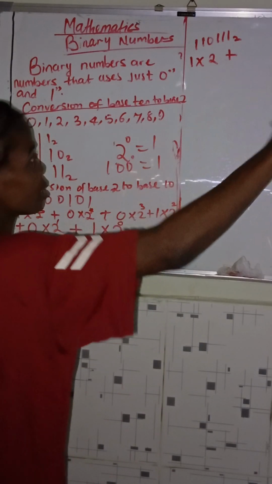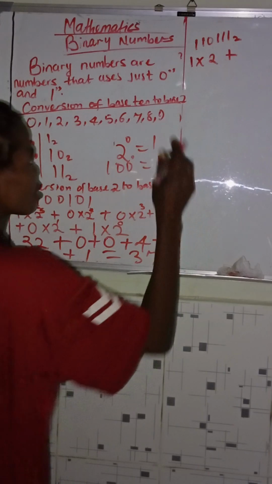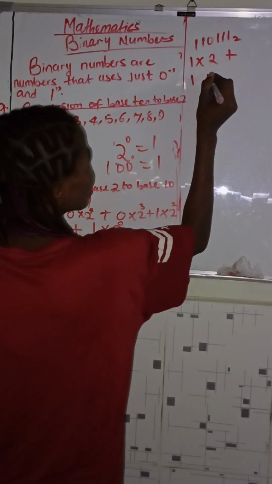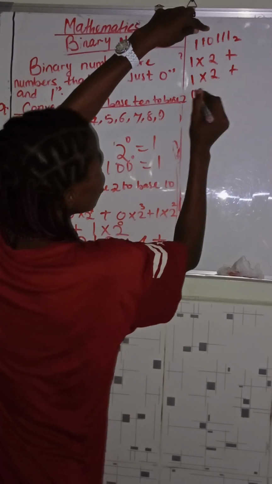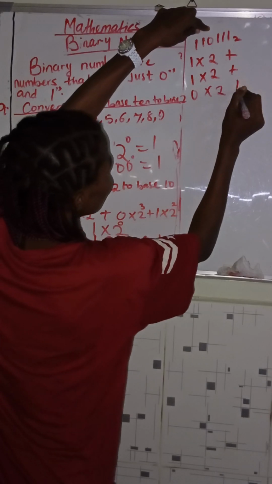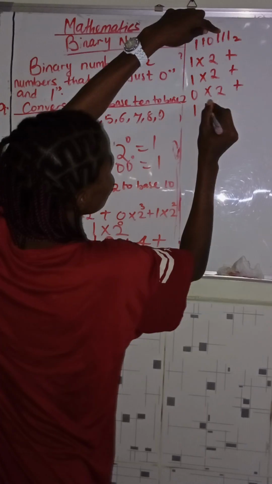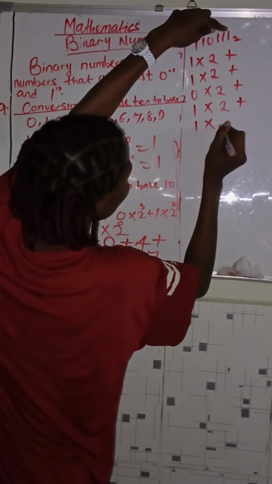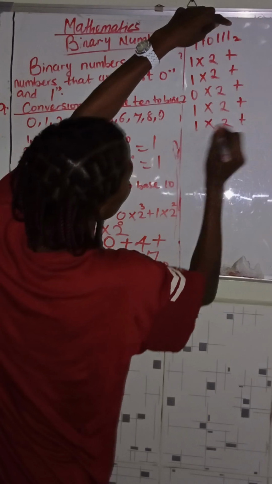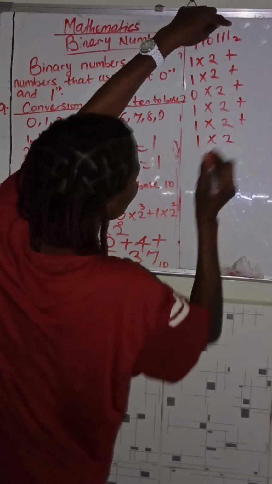Do it horizontally. I'm doing it vertically so you can see me. Plus 1 multiplied by 2 plus 0 multiplied by 2 plus 1 multiplied by 2 plus 1 multiplied by 2 plus 1 multiplied by 2.